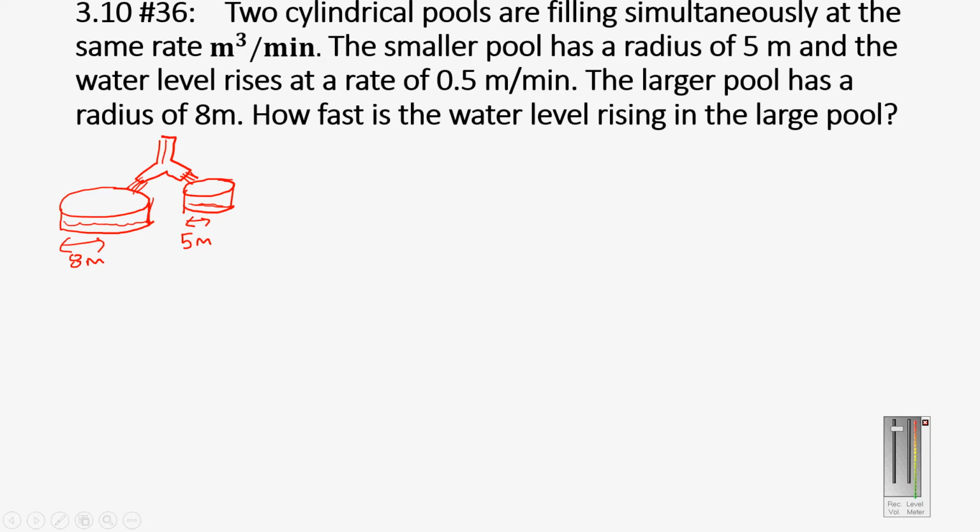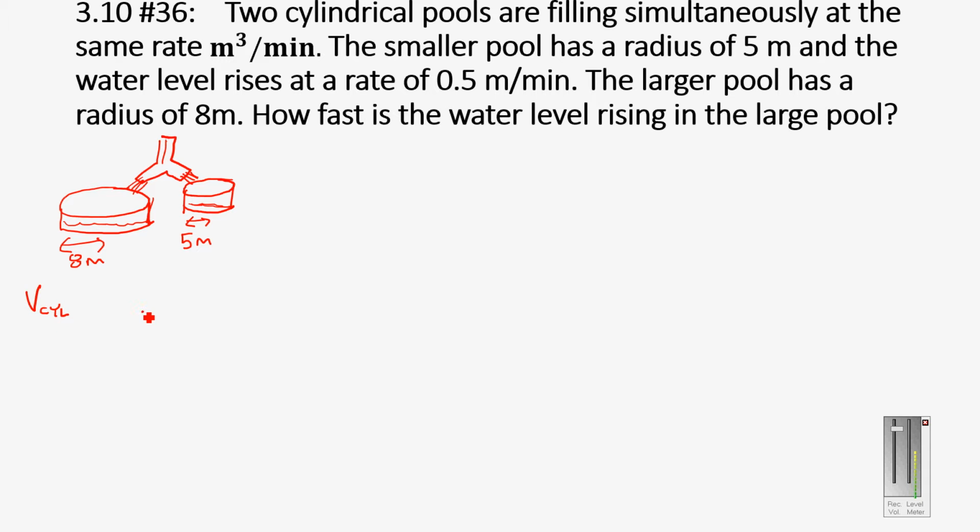So I always look to the front of my book and say, well, what shape are these? Well, they're cylinders. And as I look to the front of my book here, the volume is pi r squared h. So we can say for a cylinder, the volume of a cylinder.